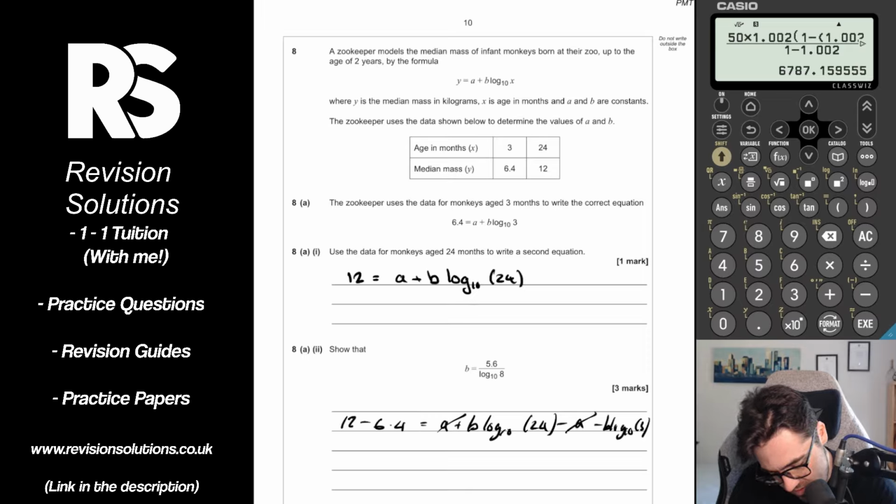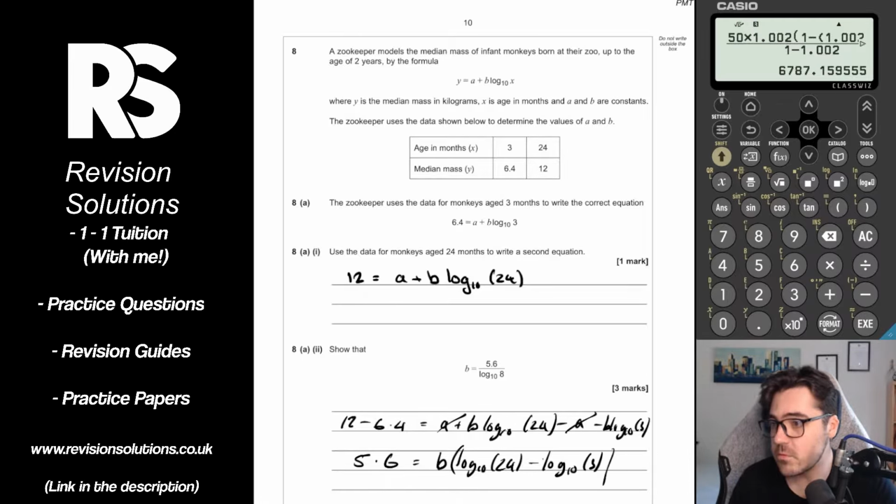Then on the left, what would we have? We'd have 5.6 left. And on the right, if I factorize out the B from the logs that are remaining, we'd have B log base 10 of 24 minus log base 10 of 3.